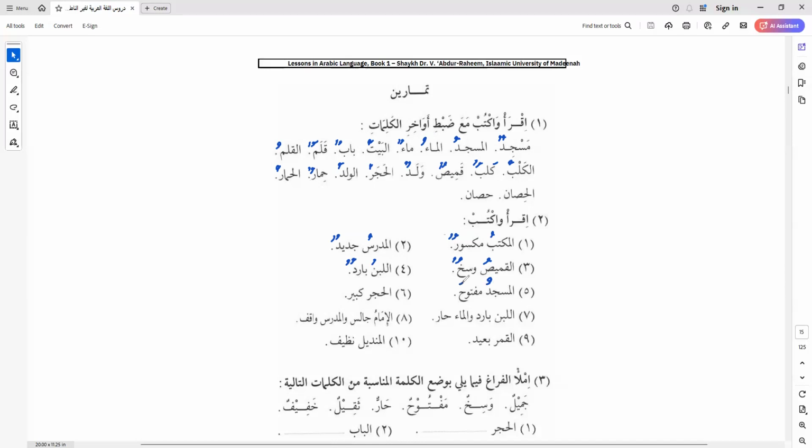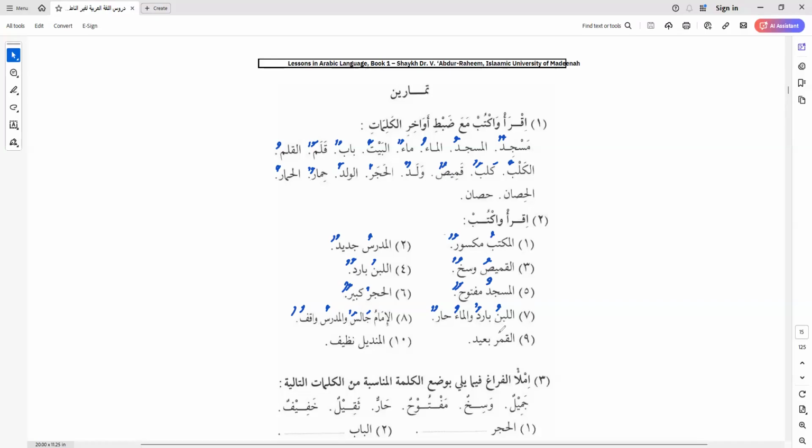Al-masjidu maftuhun. The masjid is open. Al-hajaru kabirun. Al-labanu baridun. Wal-ma'u harrun. The laban, the milk, is cold and the water is hot or warm. Al-imamu jalisun. The imam is sitting. Wal-mudarrisu waqifun. The teacher is standing.